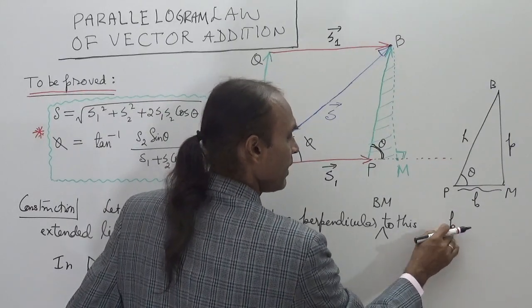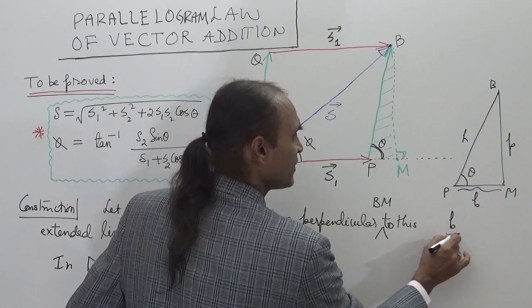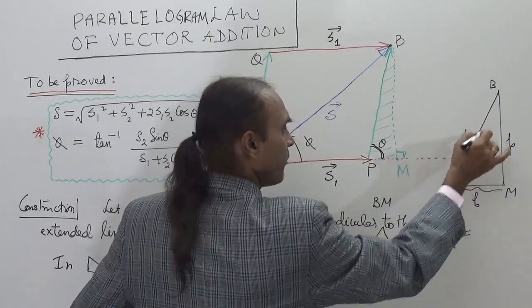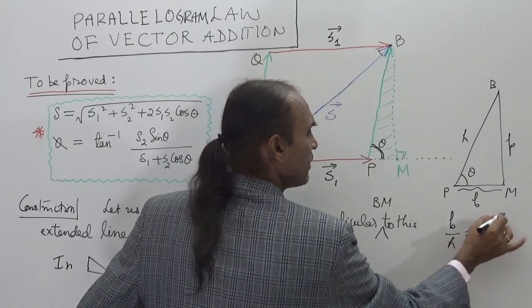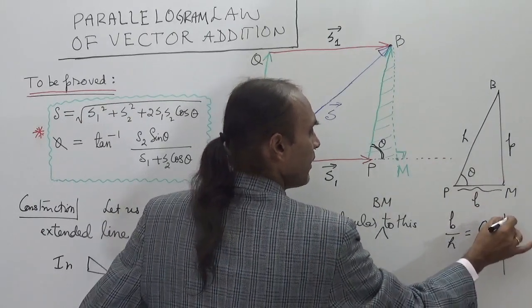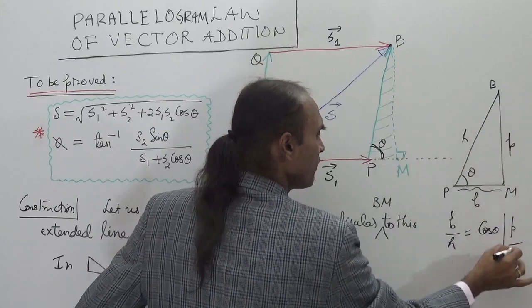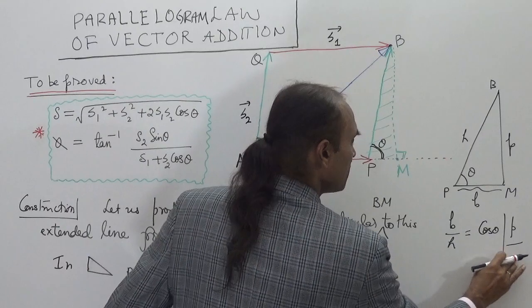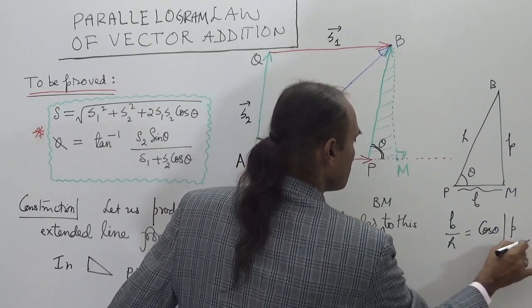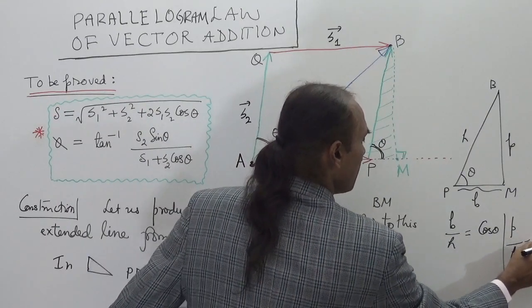base by hypotenuse is equal to cos theta, and the perpendicular upon the hypotenuse is equal to sin theta.